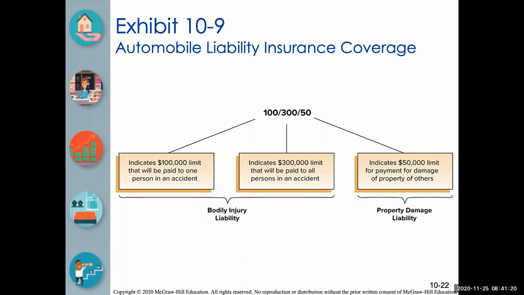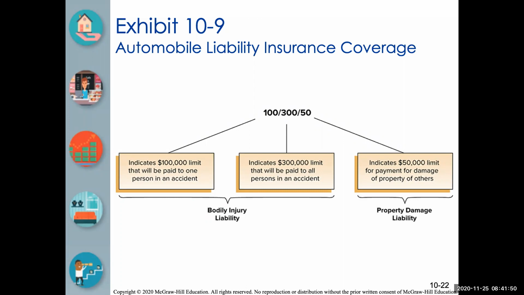If there are multiple people in the vehicle, then the maximum amount that would get paid out is $300,000. That's the limit. If it goes above and beyond that, it doesn't mean you're not liable for that. It just means the insurance policy won't cover it. But hopefully you picked up that umbrella policy to help cover some of those extra expenses above and beyond the 300.